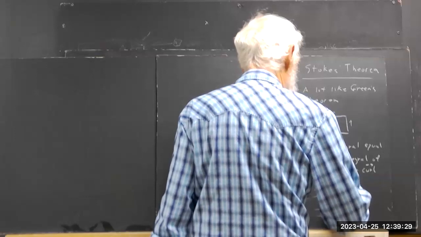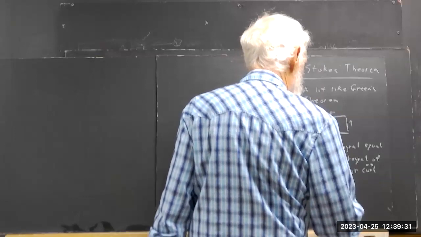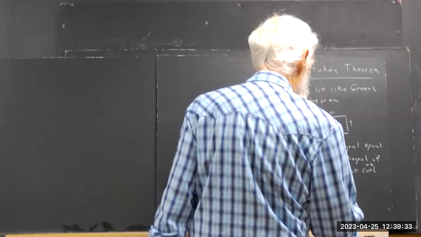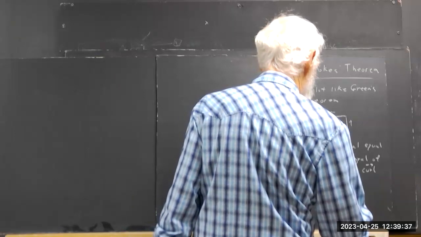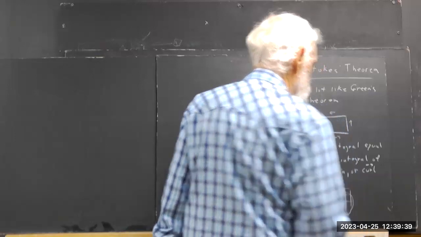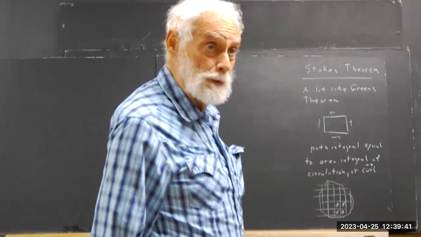where you take it up into sub-regions. Each sub-region has a circulation around its boundary.